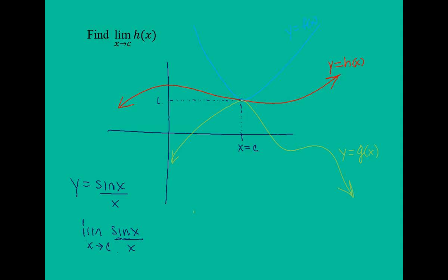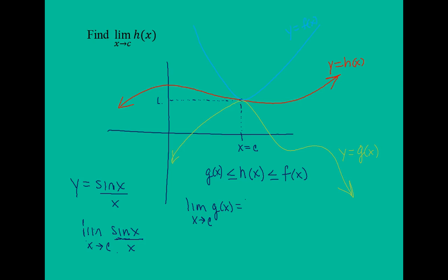We could build an inequality here that says h of x is always less than or equal to f of x. By looking at the graph, we can see that that is true. And h of x is always greater than or equal to g of x. We know how to find the limit of g of x as x approaches c. We have a function here where we can evaluate that limit.